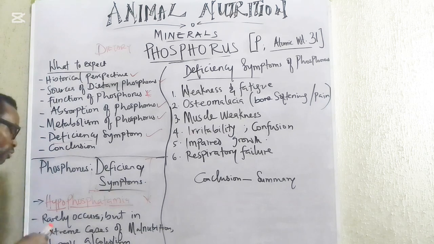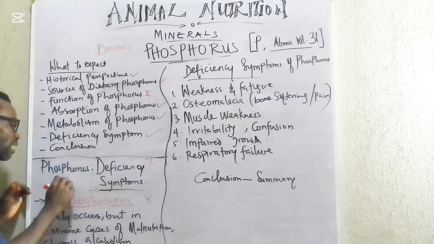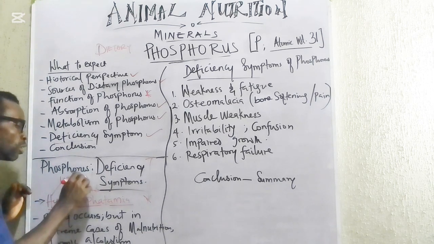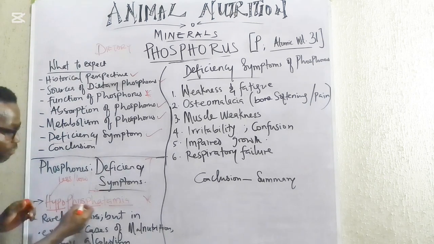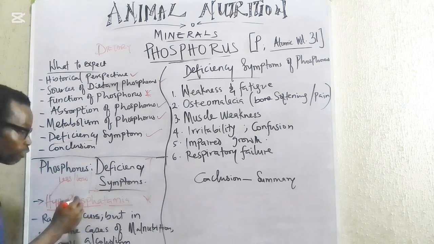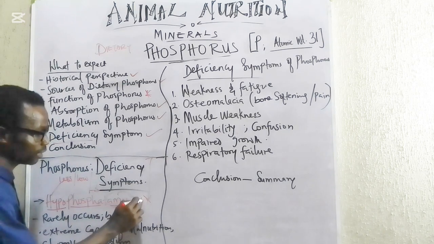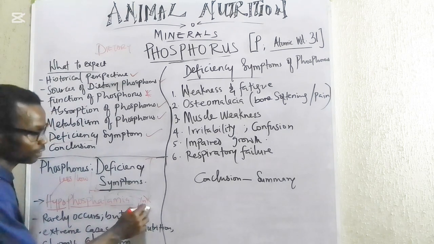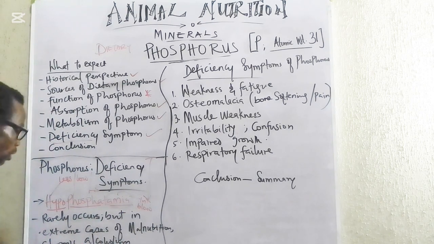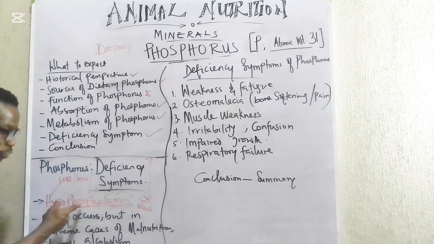Hypo, like we said, means less or low quantity, and then phosphor referring to phosphorus itself, and then emia meaning in the blood. So it means low phosphorus in the blood.